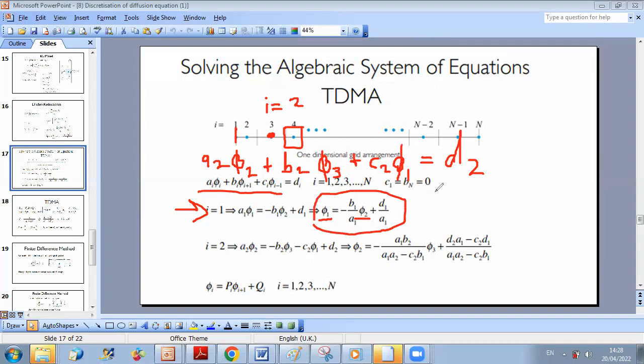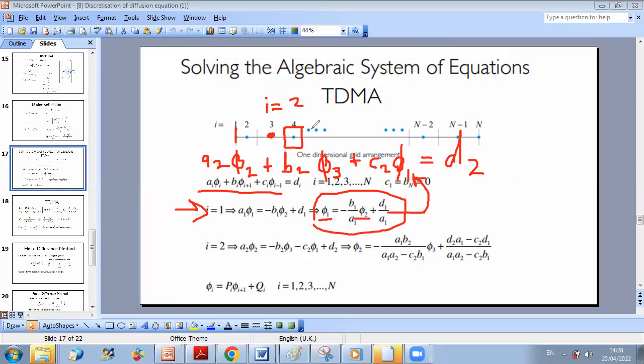This is why I can replace phi 1 in this equation by its expression. I can replace phi 1 by minus B1 over A1 phi 2 plus D1 over A1. If I do this, then instead of having phi 2 as a function of phi 3 and phi 1, I will just have phi 2 as a function of phi 3.